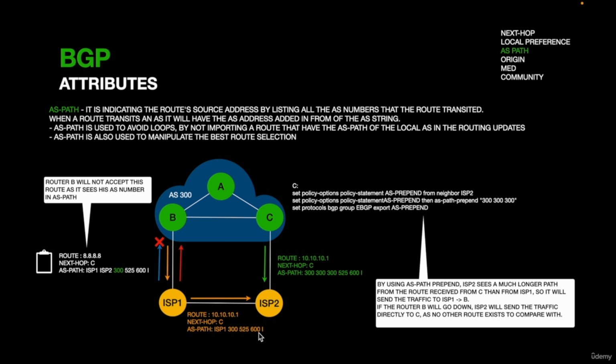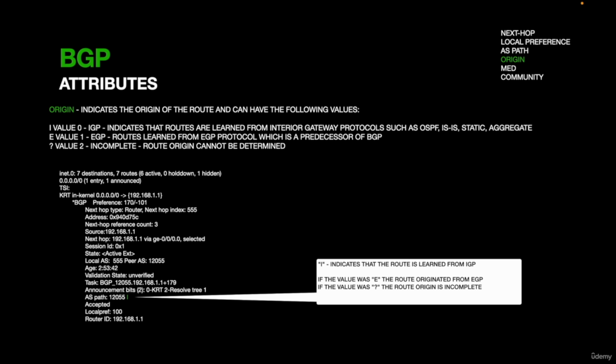We also have the origin code, which indicates the origin of the route, and it can have the following values. It can have the value of I, which indicates that the routes are learned from an interior gateway protocol such as OSPF, ISIS, static or aggregate. It can have a value of E or 1.